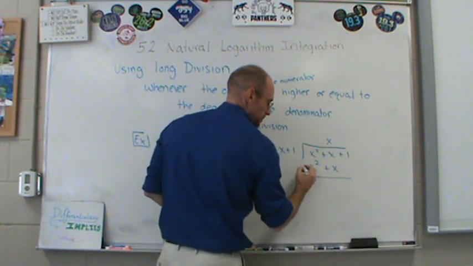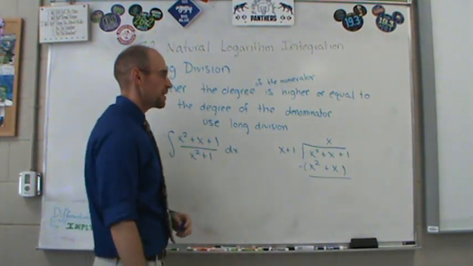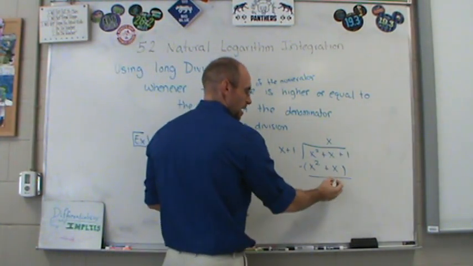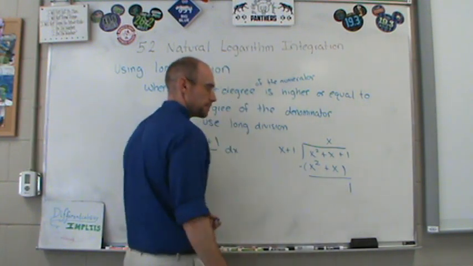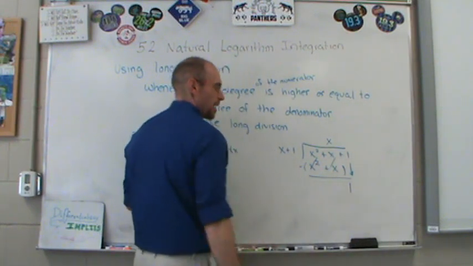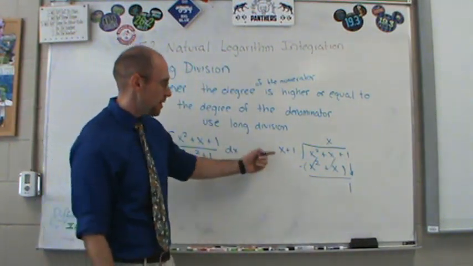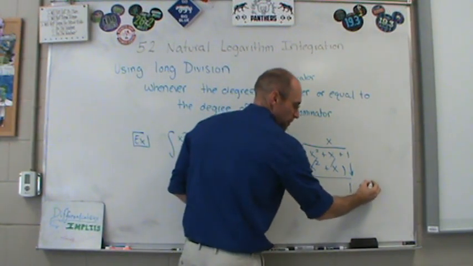I subtract. When I go ahead and subtract that, I end up canceling both of these out, which leaves me with just 1. So these cancel, and then I can bring down that 1, and all I have is 1 left. Now, x doesn't go into 1. So here, this is my remainder.